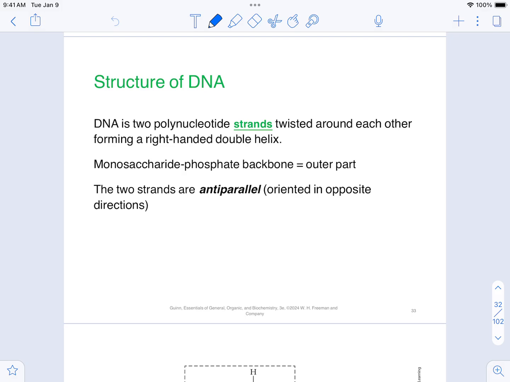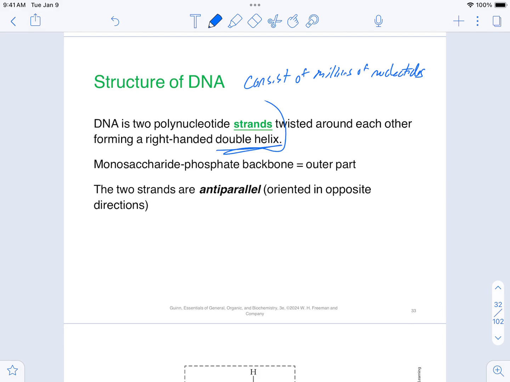So DNA is two polynucleotide strands that are twisted around each other, forming what's called a double helix. Each consists of millions of nucleotides. Your sugar phosphate backbone is on the outer part of this.